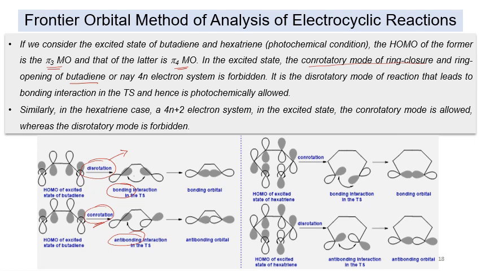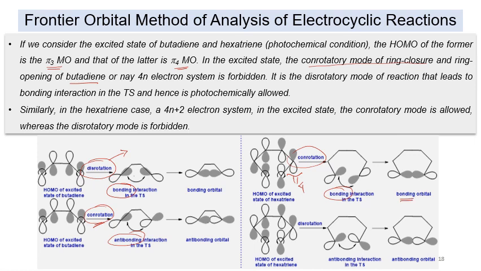Whereas for the hexatriene case, this is a 4n plus 2 electron system, and pi 4 is now your HOMO. In such a case, let us see what happens when the conrotatory mode is carried out. In the conrotatory mode, you have a bonding interaction in the transition state between the terminal carbon atoms and the lobes.